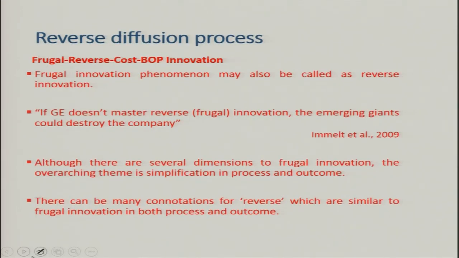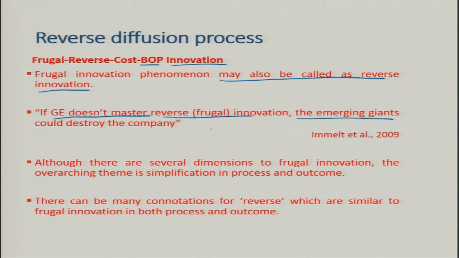Now, frugal, reverse cost, base of pyramid innovation. What is this? The frugal innovation phenomenon may also be called reverse innovation. If GE doesn't master reverse or frugal innovation, the emerging giants could destroy the company. It was said by Mittal. Reverse innovation is like benchmarking.